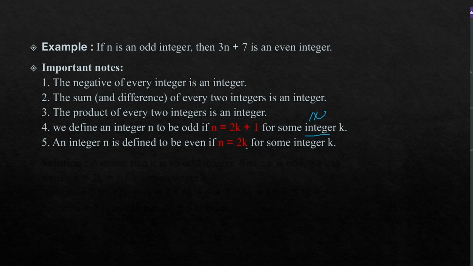An even number would follow the same thing. K here is denoting a placeholder symbol. It doesn't actually mean anything except that it's an integer or a natural number. So these are important things to consider.